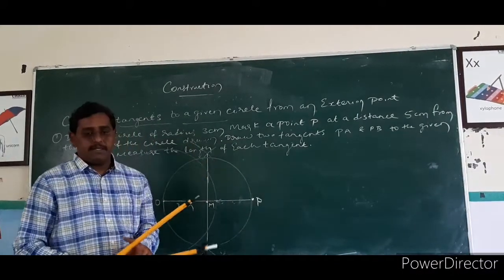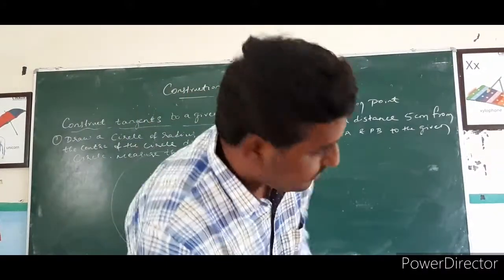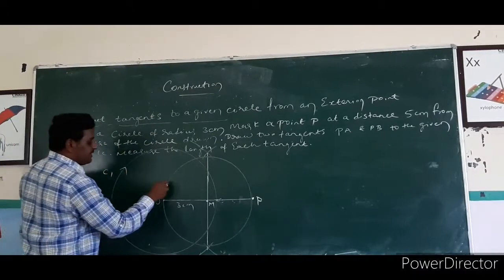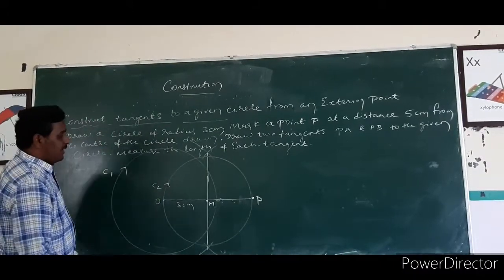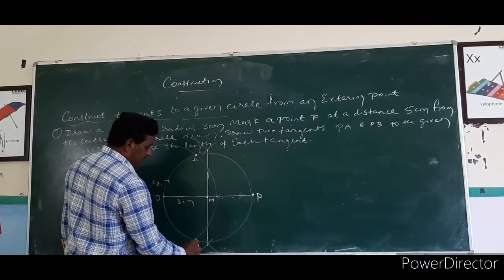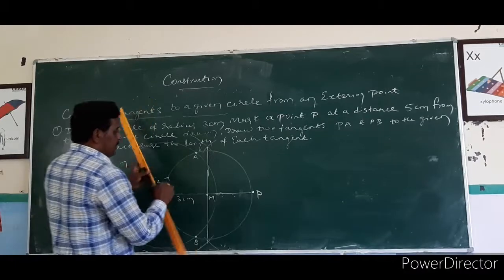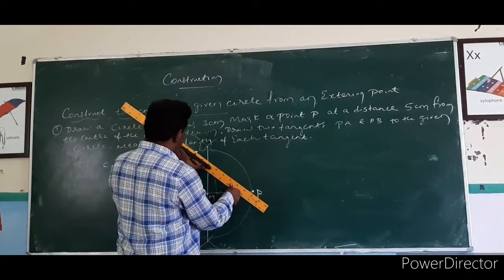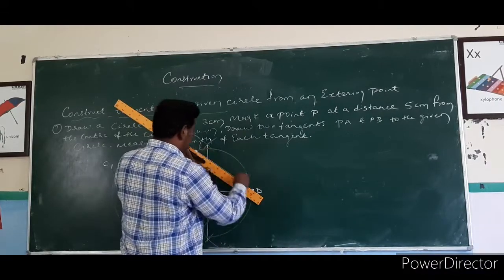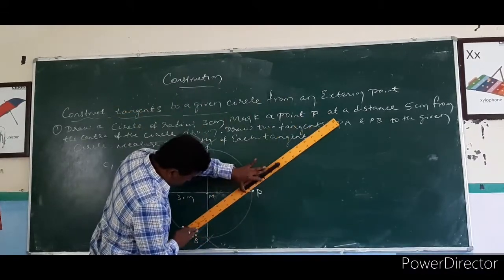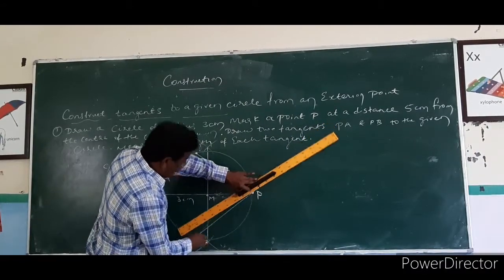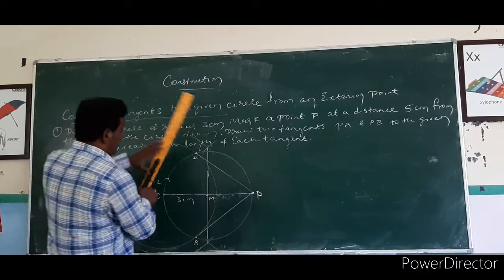It touches the first circle. This is circle 1, this is circle 2. Circle 1 and circle 2 touch at two points, which you can consider as A and B. So join PA, join PB.